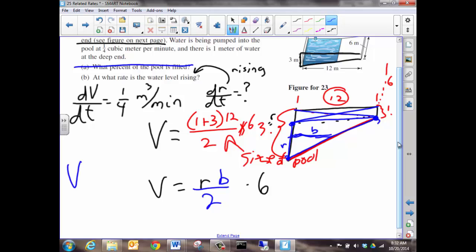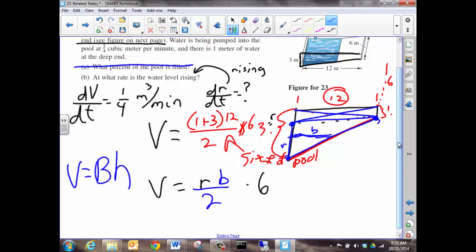I don't think y'all have ever seen this before. Have y'all ever seen that? V equals capital B times H. To find the volume of anything, you're trying to find the area of the base, which is this end down here, times the height. Think of this as a single triangle, and to make the pool, you're just putting a bunch of triangles together.